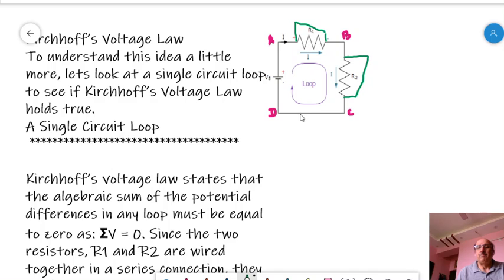Let us say we have a third appliance. It is R3.